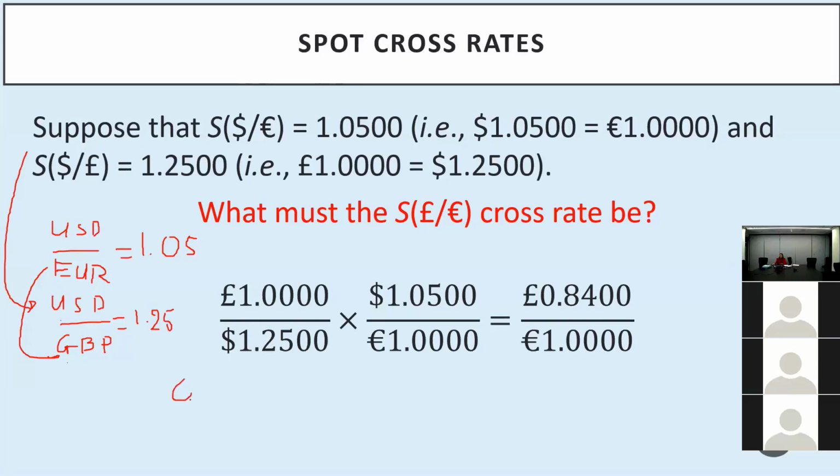So if we want to find the value of the euro in terms of the pounds, and we have the USD in the middle, this is how I will be thinking about these exchange rates, yeah?